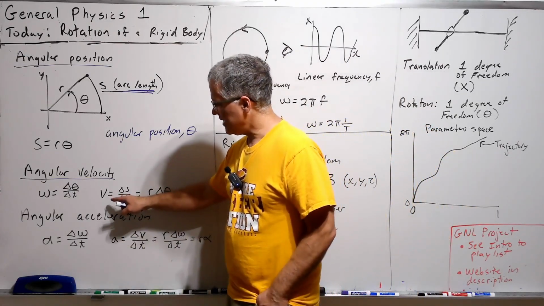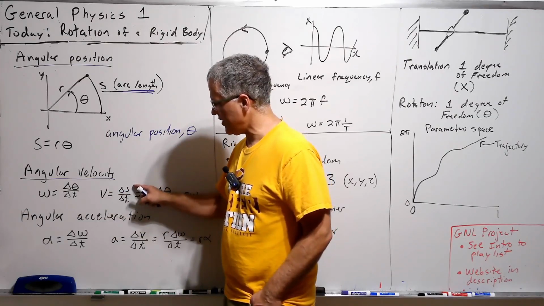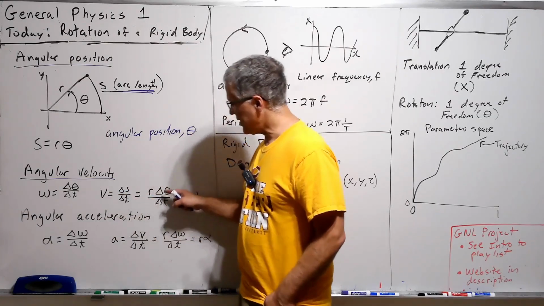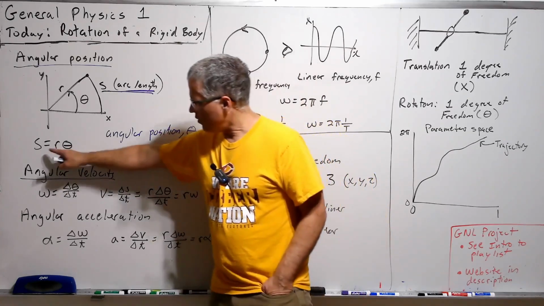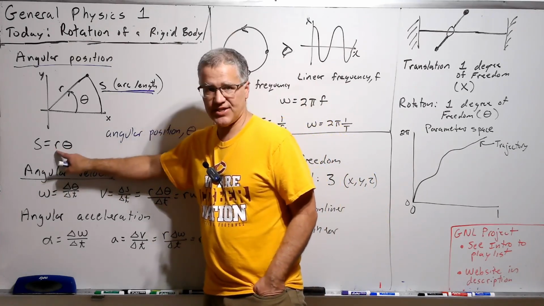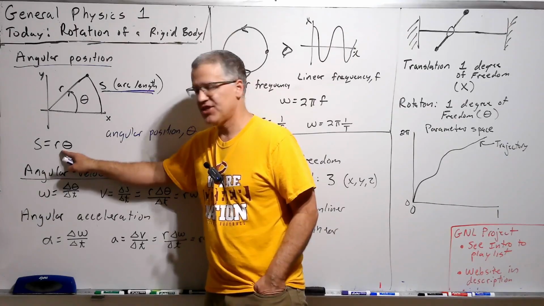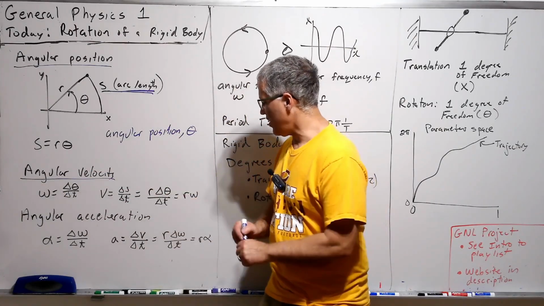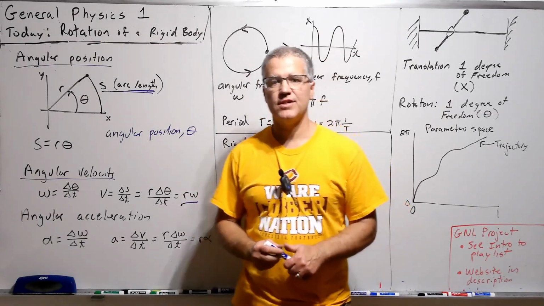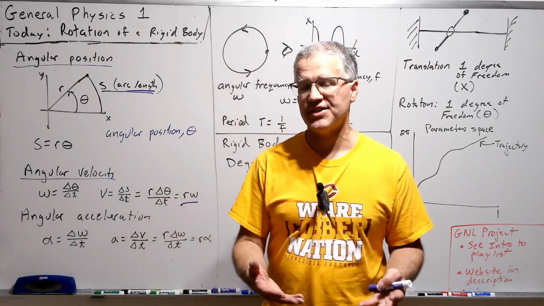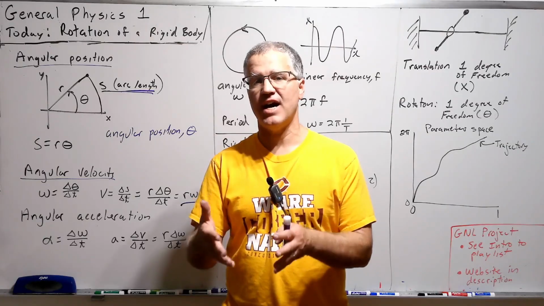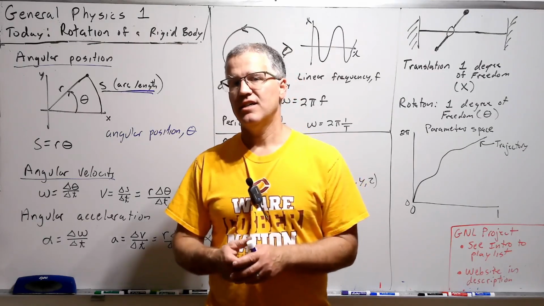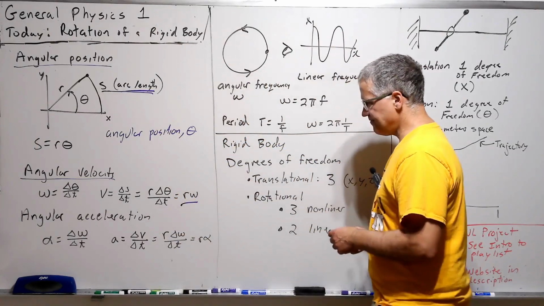Now let's look at the real velocity, that's going to be delta s over delta t. Well, what is delta s? If we're going to change s, r is constant, that's not going to change. So the only way to change s is to change theta. So that's going to be r delta theta over delta t, which is just r times the angular velocity. So the actual velocity is, again, just leveraged by r, and we're going to see that often here now.